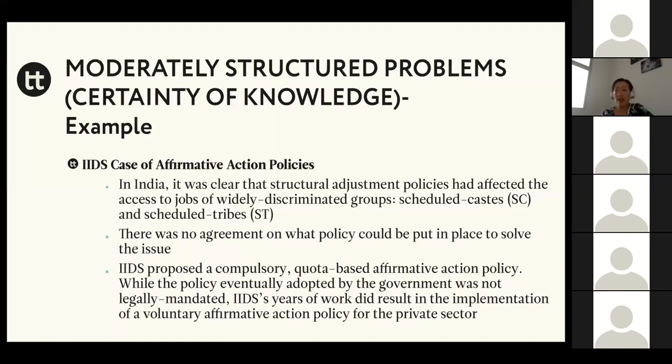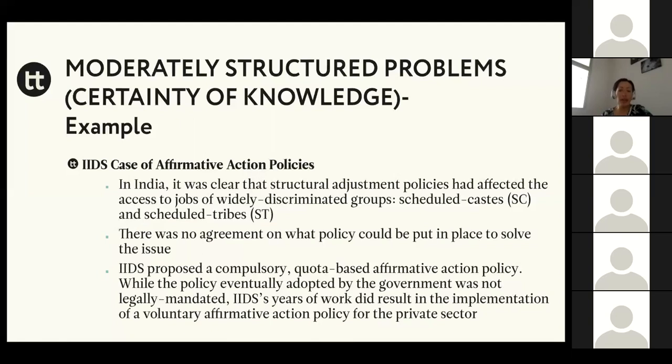Should we have an affirmative action policy, or should we just have incentives? What should we do around this problem? And it had to do a lot with values, right? To what extent the policy actors were willing to take an active policy for inclusion of these groups. So the first proposal that IDS put forward was the compulsory quota-based affirmative action policy.